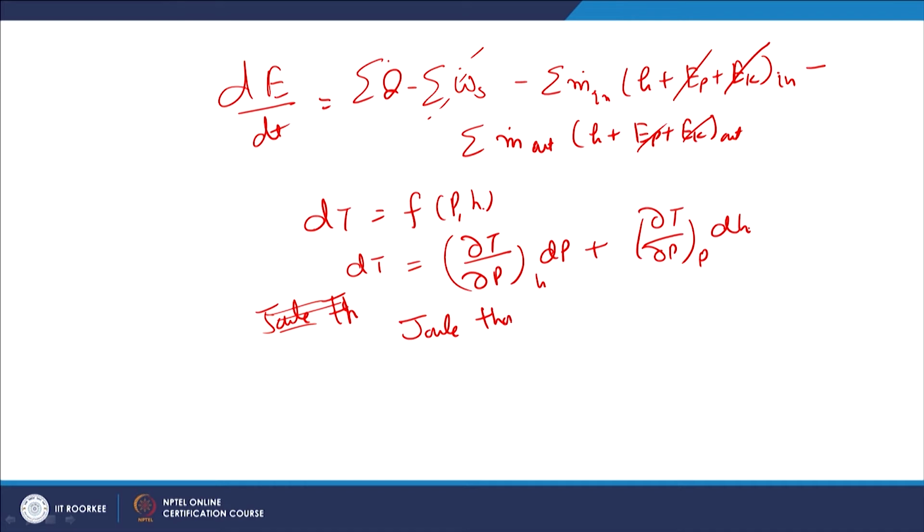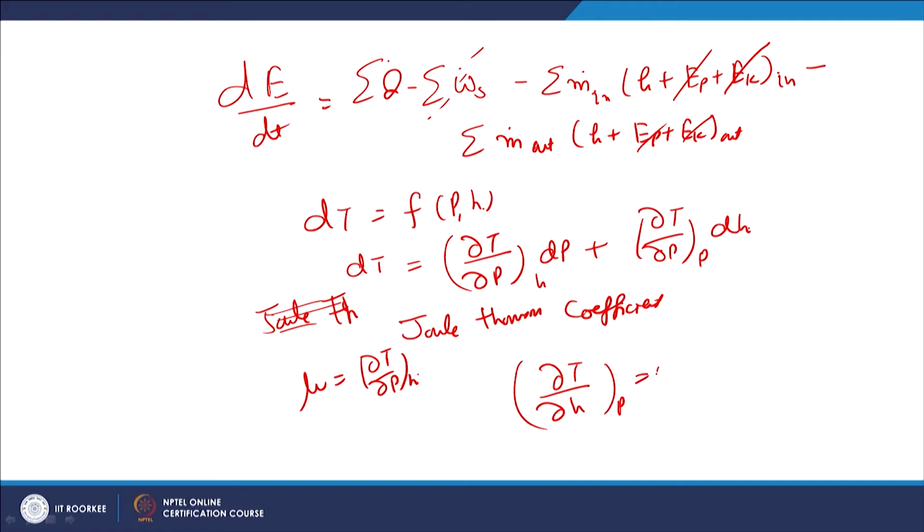Mu is equal to del T over del P at constant H. If we consider isenthalpic flow, then dH is equal to 0, and if we integrate, then T out minus T in is equal to the integration from inlet to outlet of mu dP.